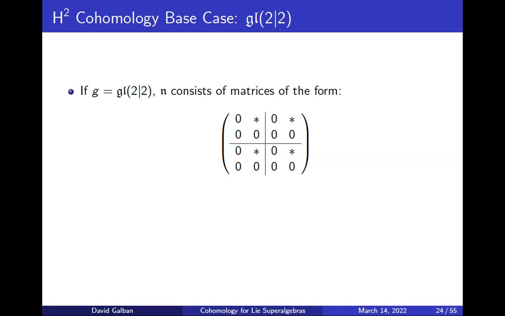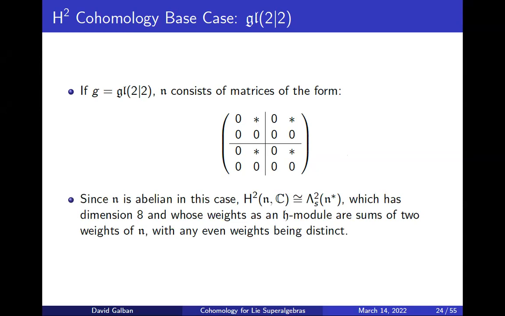So in this case is when we're going to start using the spectral sequence. Now, to begin with, we're going to start with the simplest case where we're looking at gl(2|2). And so n in this case is just going to consist of matrices of the form like here, where we're just looking at a potential entry in each of the top right corners of each of the quadrants. All right. And so if we look at the multiplication for n here, it's going to turn out that n is abelian. And because it's abelian, if we go back to the chain complex for computing the cohomology, it turns out that all the differentials are going to be 0 in this case.